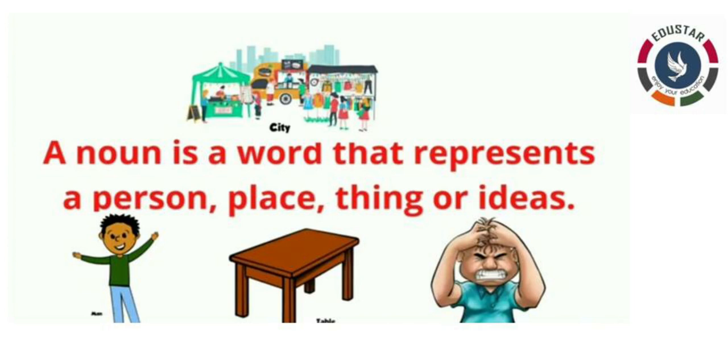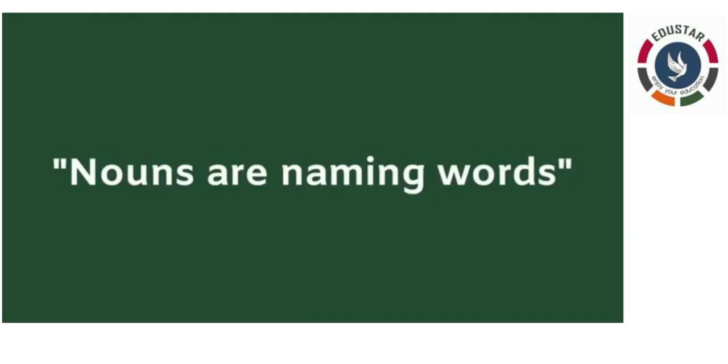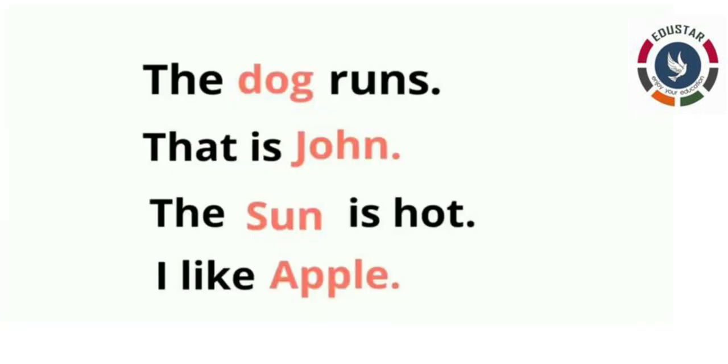In other words, we can say that nouns are naming words. Can you remember that? For example, the dog runs. In this sentence, which is a noun? Dog. Dog is a noun here.